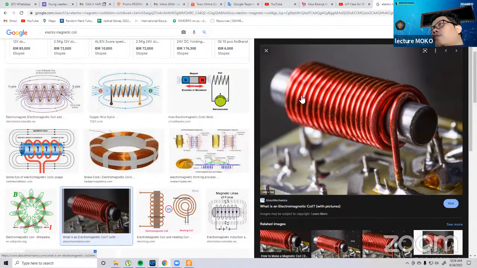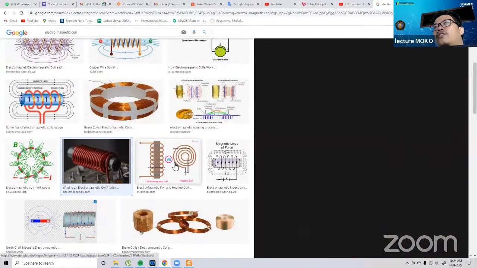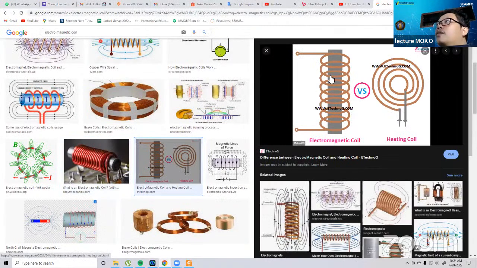So we use this for the relay mechanism. So we use an electromagnetic coil. So we have one plug, we have one iron, and we cover it with copper, and we put this in here. In this position is the positive voltage, and here is the negative voltage, and this part will be a magnet.